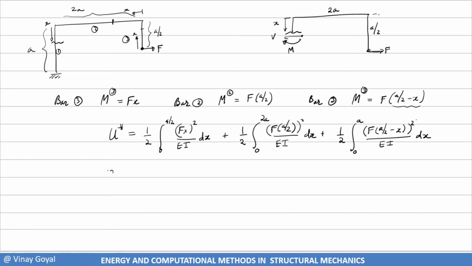Then you find the derivative of U star with respect to F to find the deflection at point F.